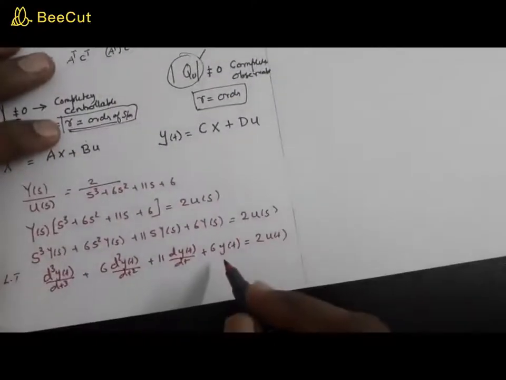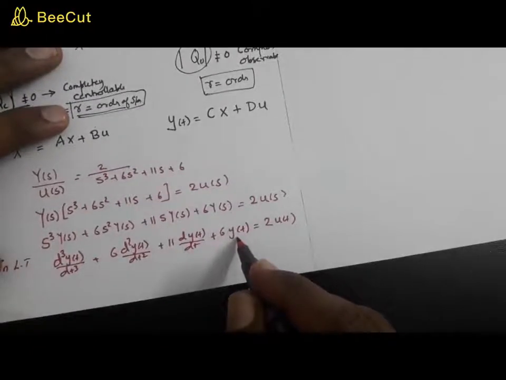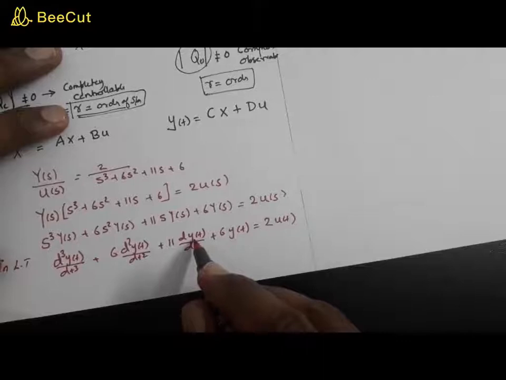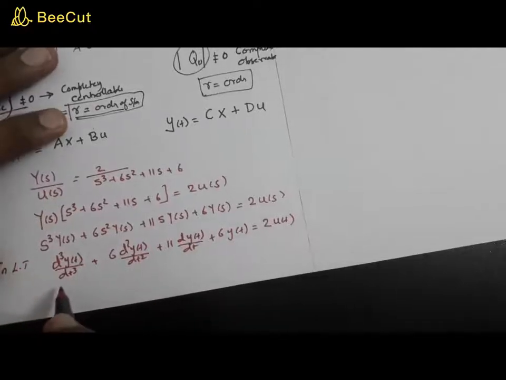So what is the step of this? You need to assume y of t to be x1, and x1 dot has to be assigned as x2, and x2 dot has to be assigned as x3. From this you need to find x3 dot.